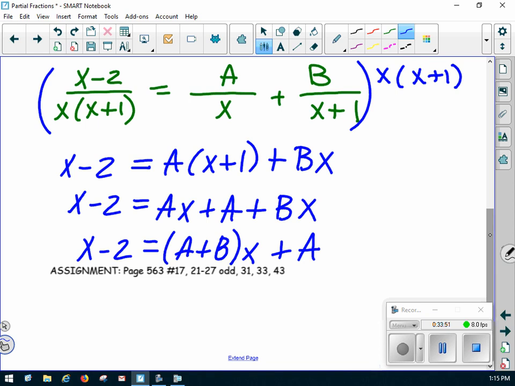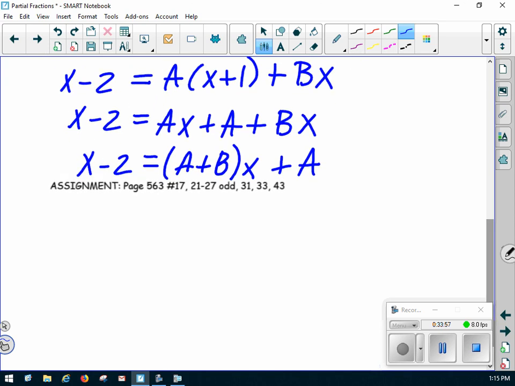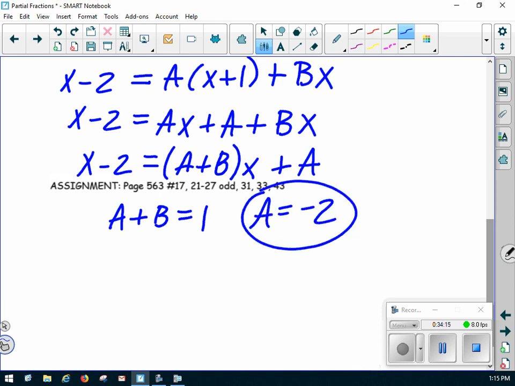Please tell me if I screwed anything up. Is this all right? So what does a plus b have to equal? 1. And what does a have to equal? So if a is -2, what's b? 3.